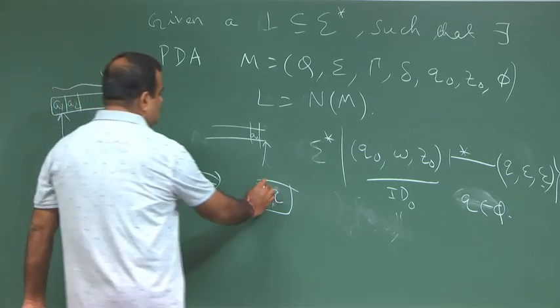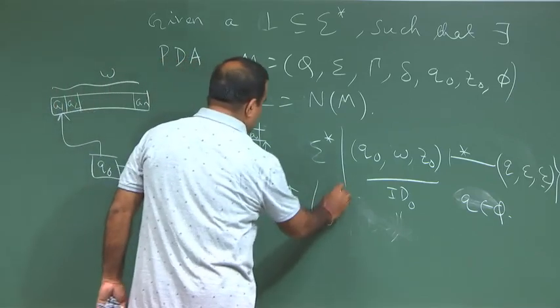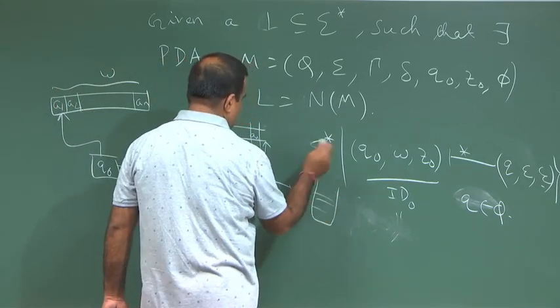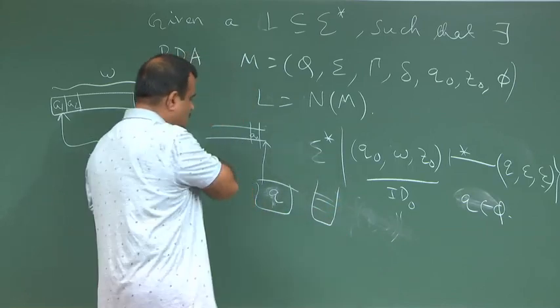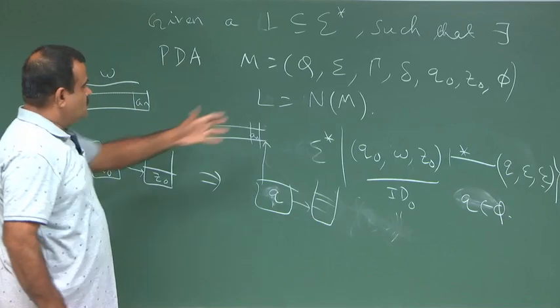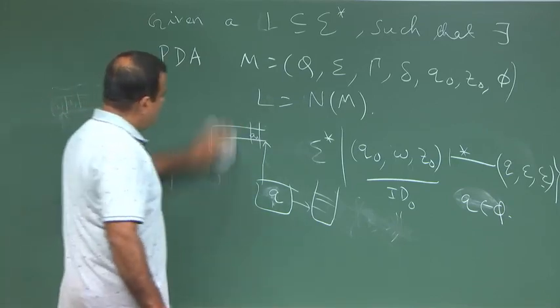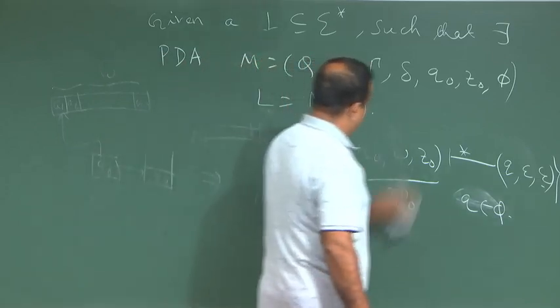So we have exhausted the input, and the stack is also empty, nothing is there. Then we call this w accepted. The set of all such w is the language accepted by means of empty stack.